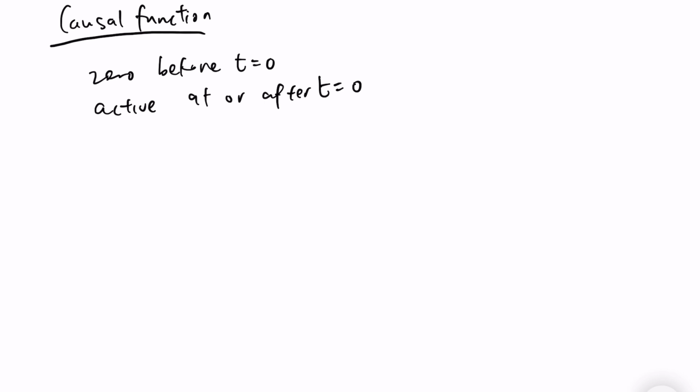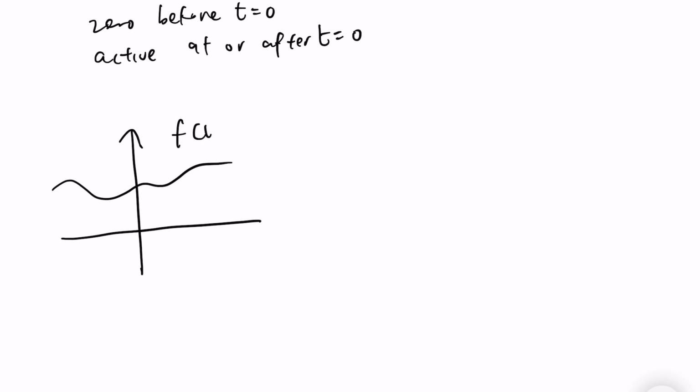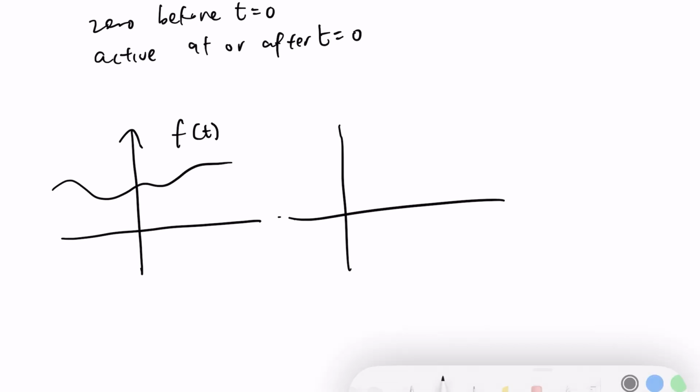Maybe I can show you this graph. So we are transforming ft into a causal function. Maybe this is the signal of ft, and then the causal function that we will look at is this one, which will be 0, and after 0 we don't need to think about this part.